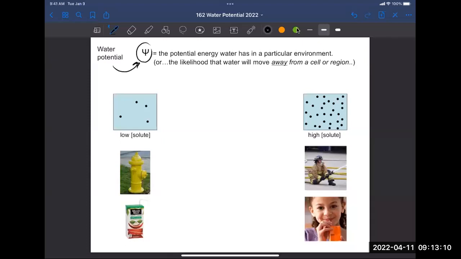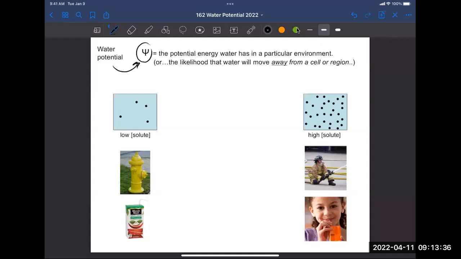So below that in parentheses is how I like to think of it, and I think this is probably helpful too. It's the likelihood that water will move away from a cell or a region of an organism. So if water potential is high, that means the water wants to move somewhere else. If water potential is low, that means water is going to tend to move into that area. Okay, so high water potential means the water wants to move away somewhere else.